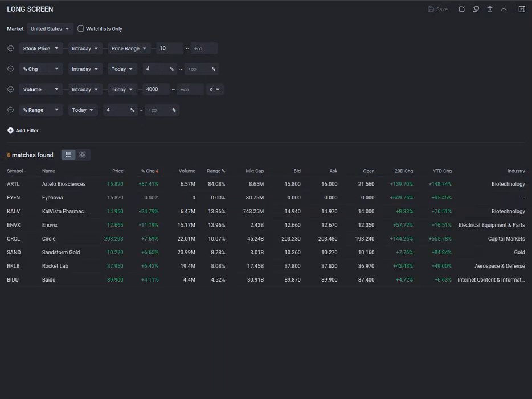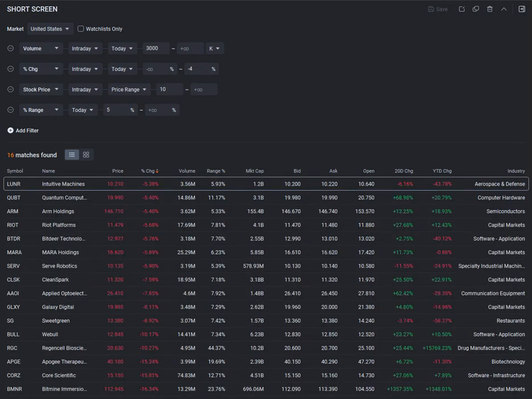On the long screen we have 8 matches, and on the short screen we have 16 matches. So we have to basically liquidate some of the stocks here in the short screen, because we cannot get along with so many. Okay, so let's see later how we're going to do it, but let's start with the longs.